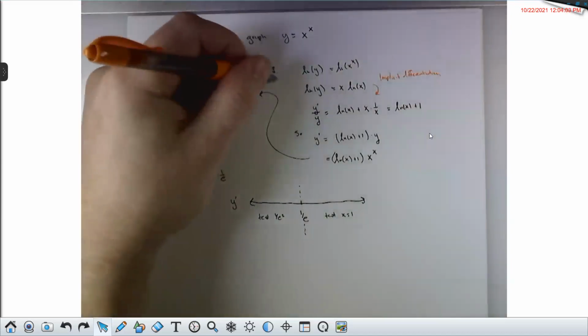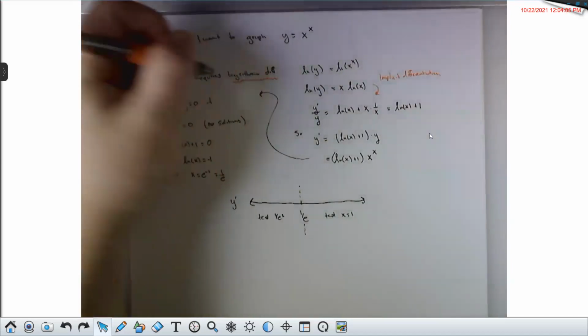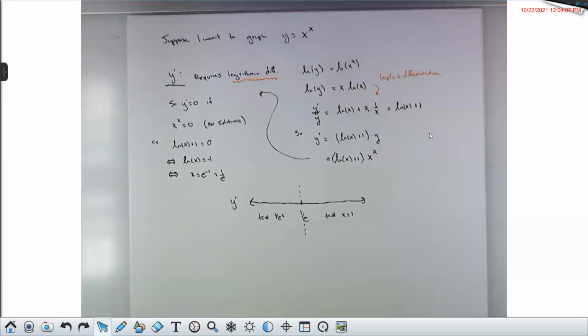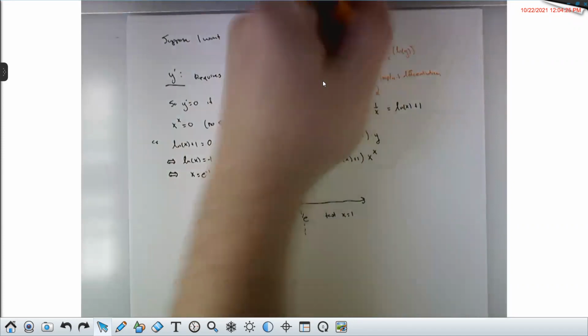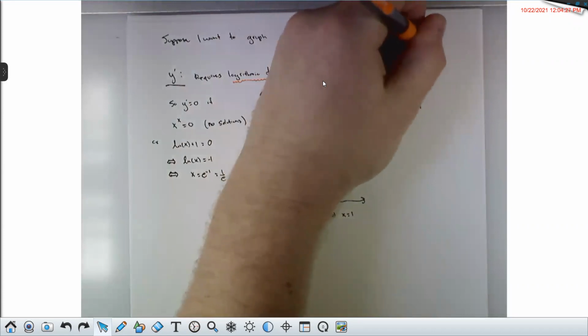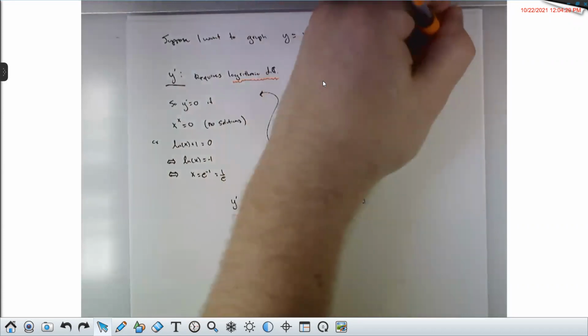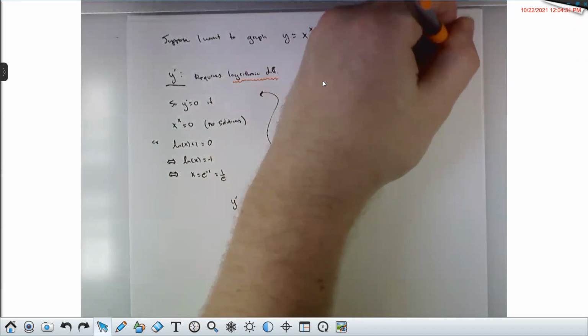Remember, we said the only way we can find y prime here is using logarithmic differentiation, which was something we talked about back in section 3.8. Logarithmic differentiation is where you take the natural log and then differentiate implicitly on both sides with respect to x. So the derivative ddx of the natural log of y by the chain rule would be 1 over y times y prime, which is y prime over y.